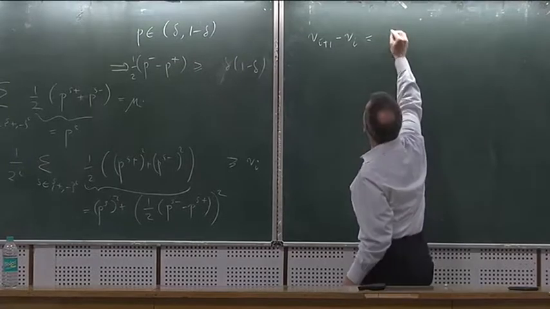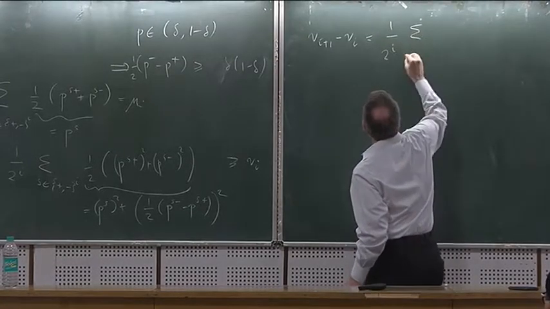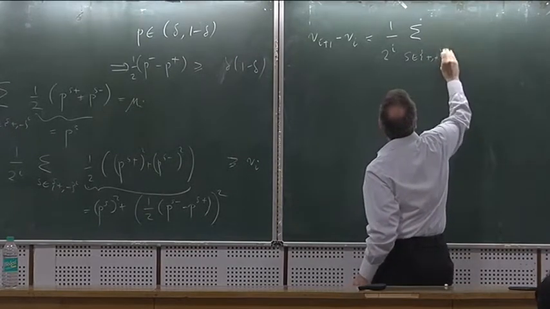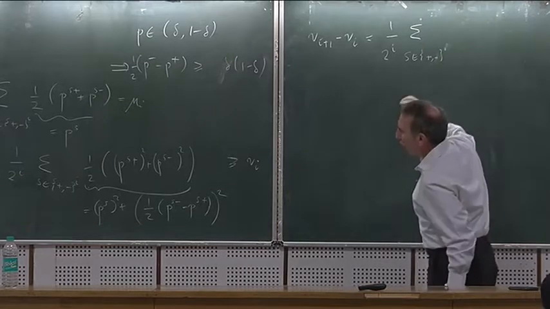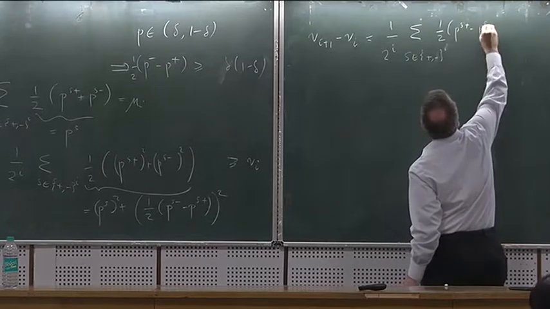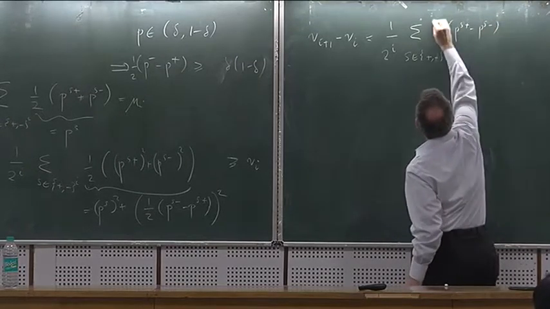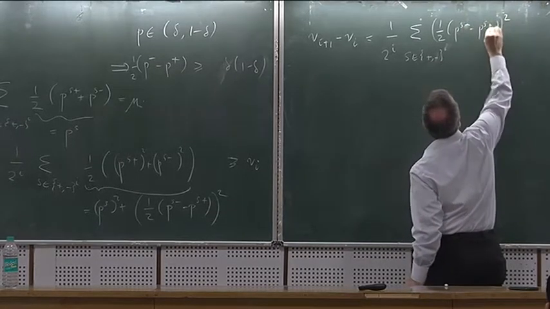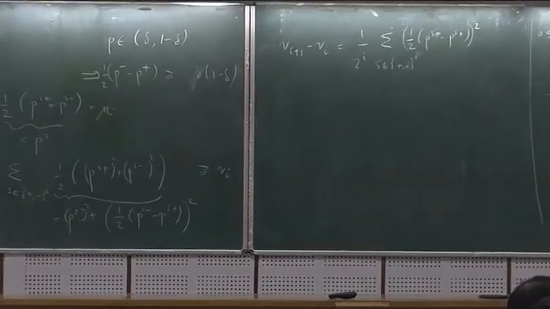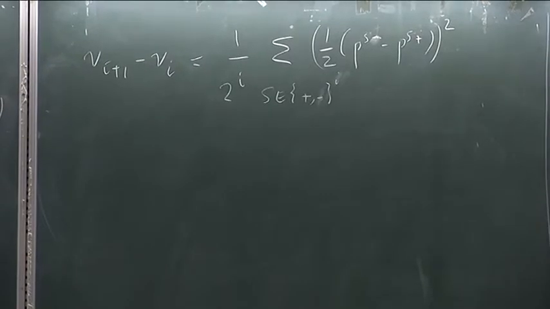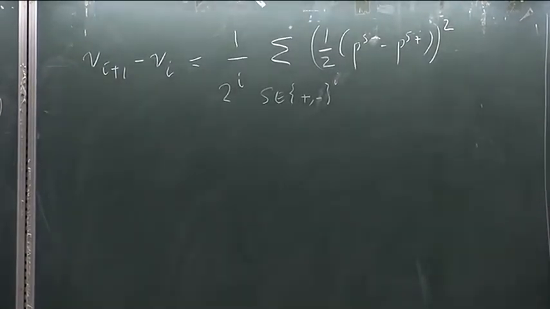So the difference is exactly 1 over 2 to the i, summation over all these length-i sign sequences s, of the square of the difference between p_{s+} and p_{s-}, divided by 2, squared, and then I sum over all s's.